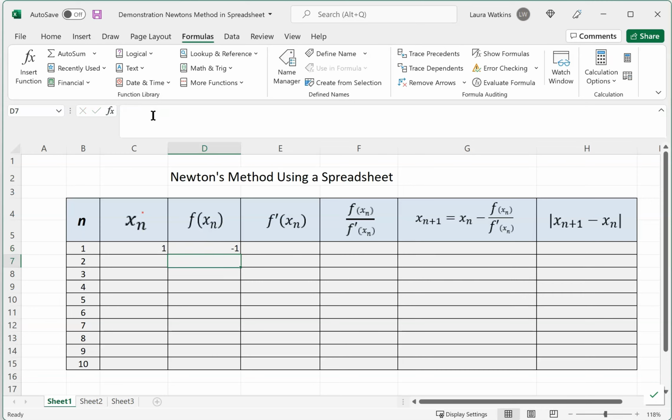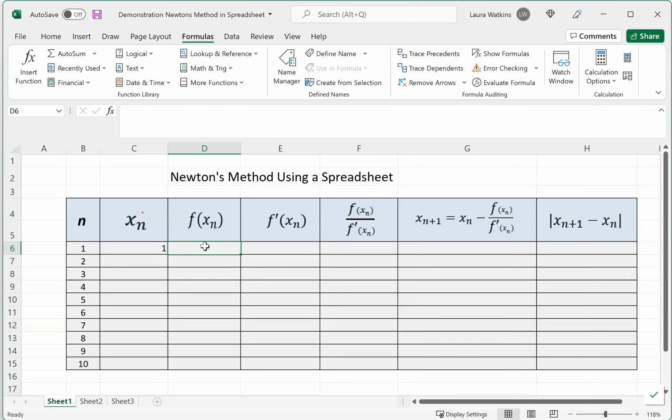And my answer is -1. So the function value there is -1. But it's not easily repeatable because if I copy and paste this, I'm getting the same value each time. And we really want to let the spreadsheet do the algebra for us.